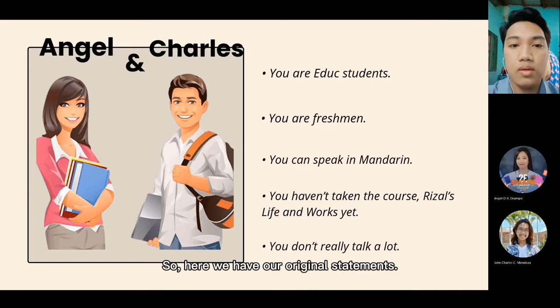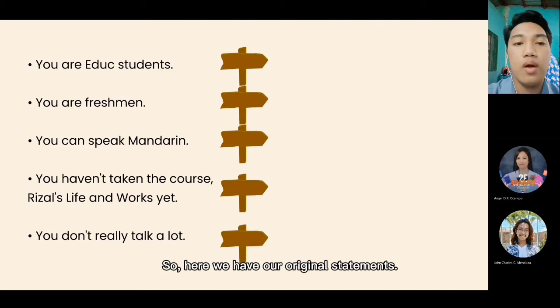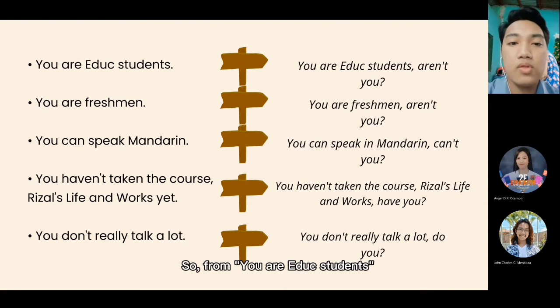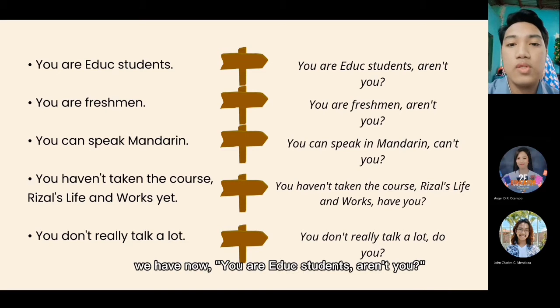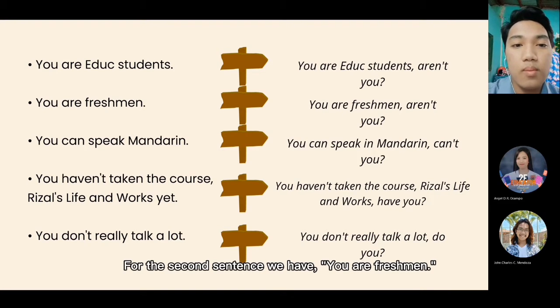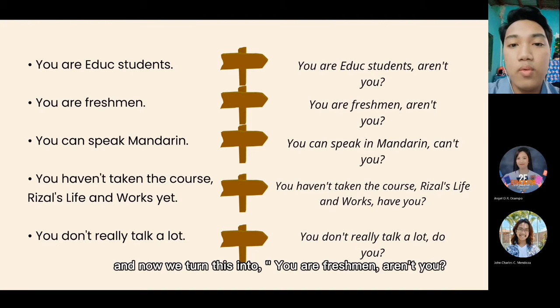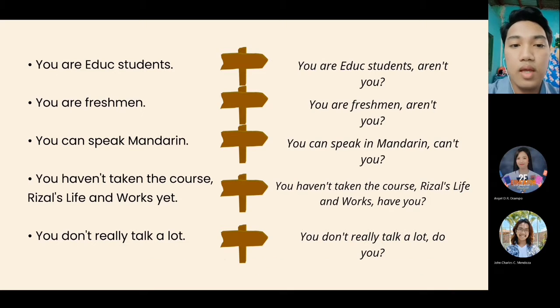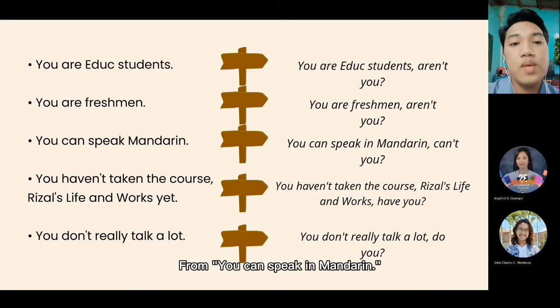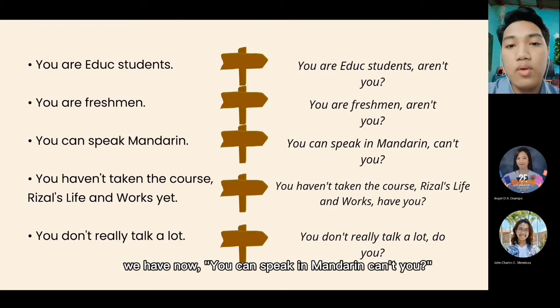So here we have our original statement. From you are EDUC students, we have now you are EDUC students, aren't you? For the second sentence, we have you are freshmen, and now we turn this into you are freshmen, aren't you? Next one, from you can speak Mandarin, we have now you can speak Mandarin, can't you?